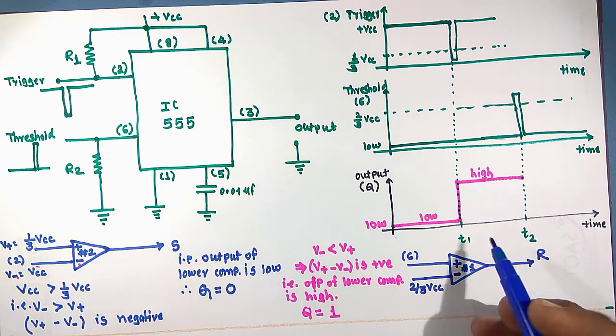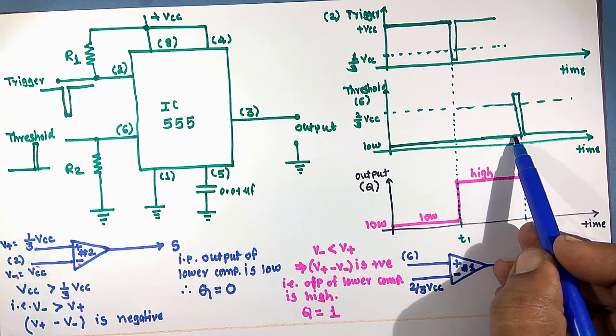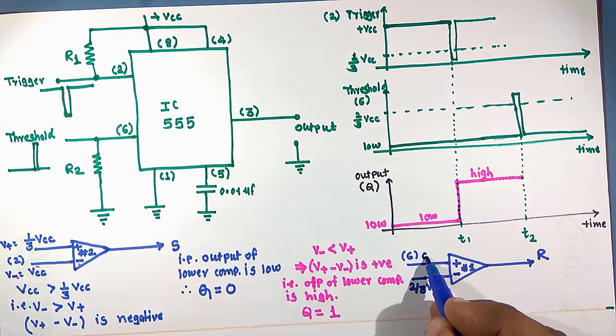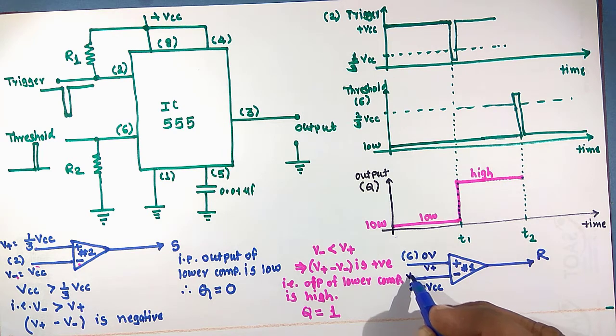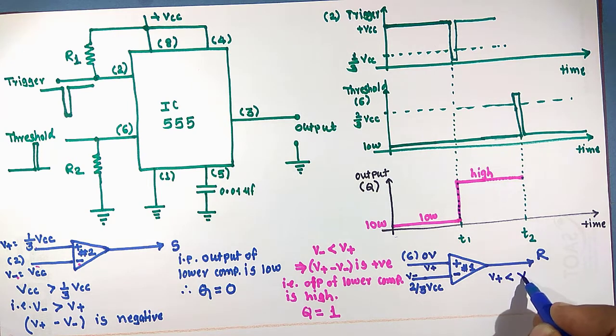When the threshold input is absent, that is, the voltage at pin number 6 is approximately 0 volt, V plus is less than V minus.